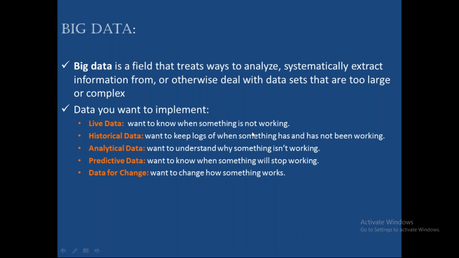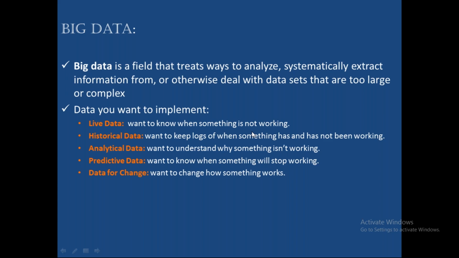Live data means whatever data you are collecting from customers, you are going to process this data to understand when something is not working. For example, you are taking some transactions from an ATM, then suddenly you find that no transactions are coming from a particular ATM, so you can think that this ATM is not working.